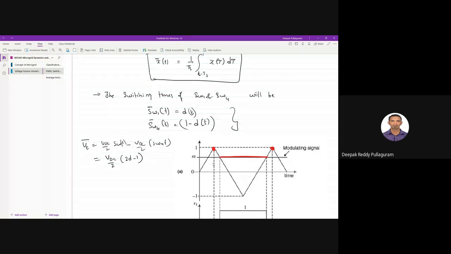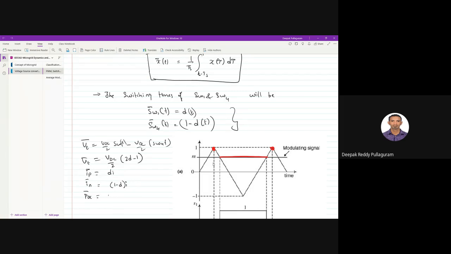Right? Yes, sir. So you got VT. Similarly, I can get IP bar, the average value. It comes as D into I, because it's nothing but switching into I. And IN comes as (1 minus D) into I. Then PDC comes as, you just need to substitute these SW1 and SW4 values in the previous equations.